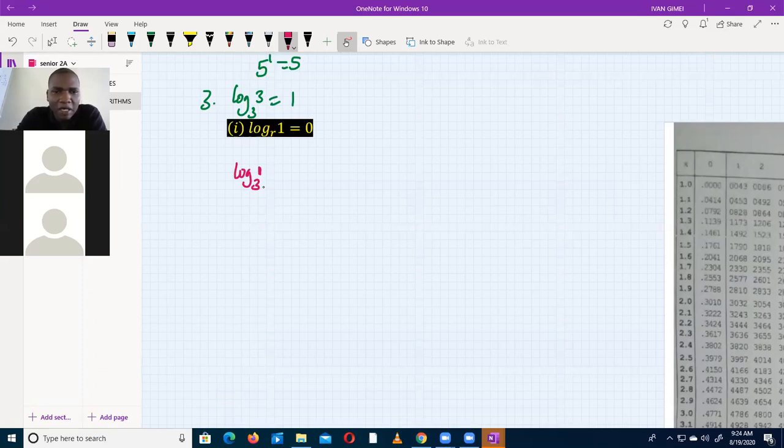Of course, you know that any number to the power 0 gives us 1. So that means 3 to the power 0 equals 1. So the log of 1 base 3 will have to give us 0.